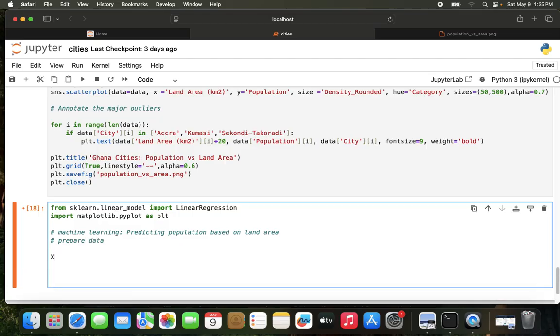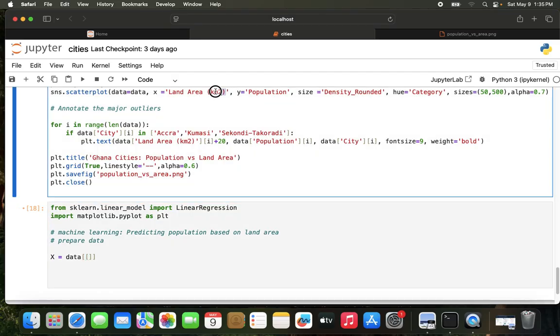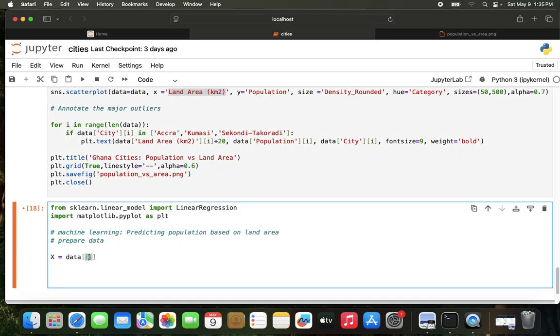And then here we're going to have x equals data, and then I'm going to pass a nested array. X is our independent variable. I'm going to copy this and paste it here.